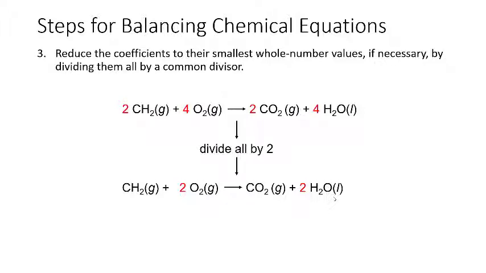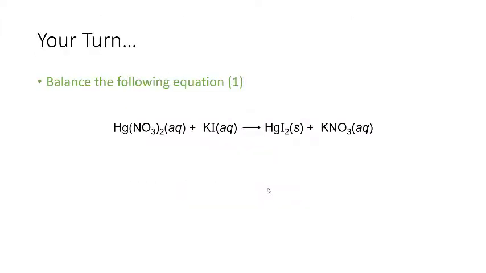So if we were to incorrectly have identified our stoichiometric coefficients as 2, 4, 2, and 4, we could see that each of those coefficients are divisible by 2. So if we divided them by 2, we would get our simplest form. Your turn. I invite you to pause your video here and take a shot at balancing this equation.